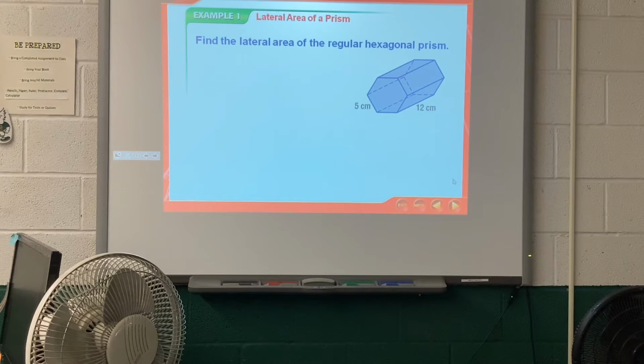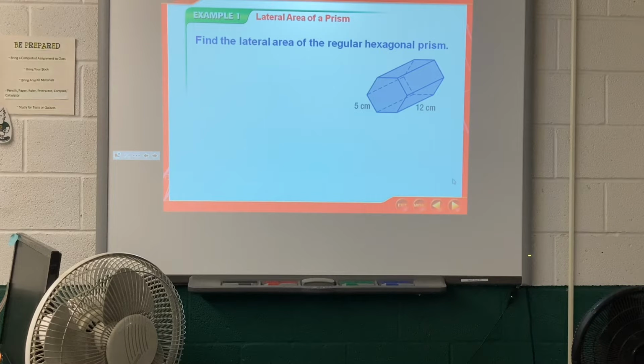If they don't say that word regular, then you know you've got to do more work. So if you don't understand this concept with the formula P times H, you can just find the area of every single rectangle and then add them all up. That's basically doing the same thing, just in a formula way.